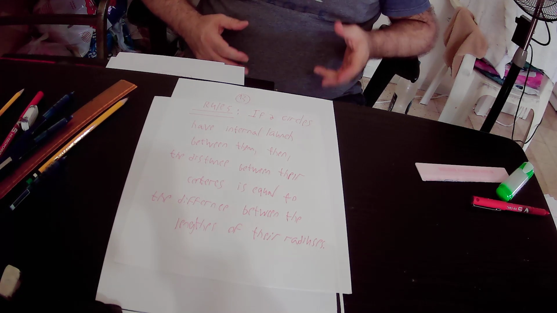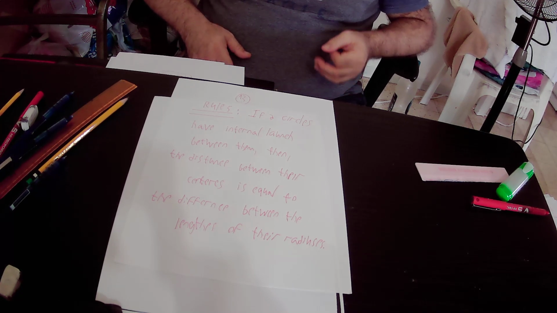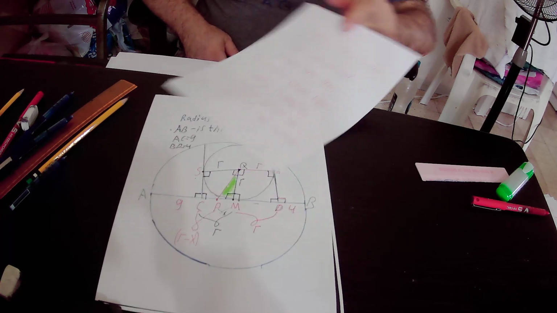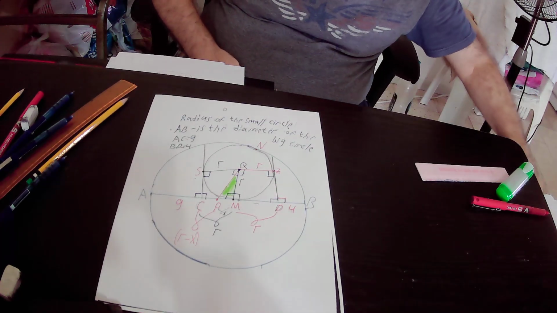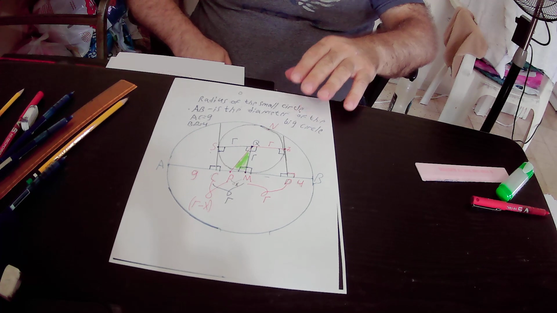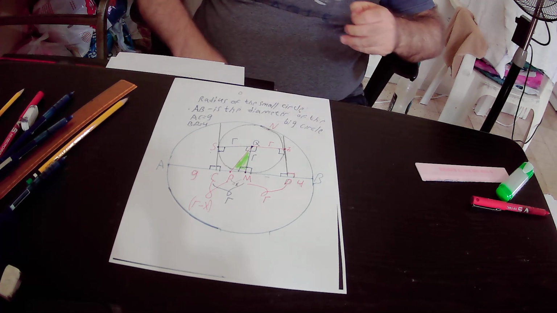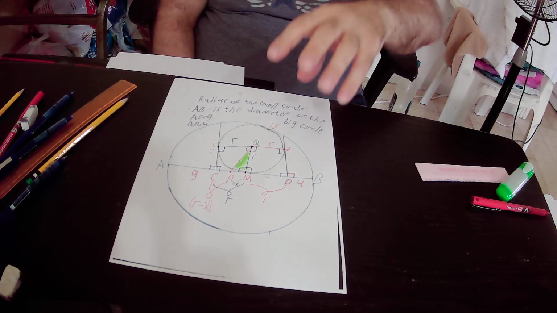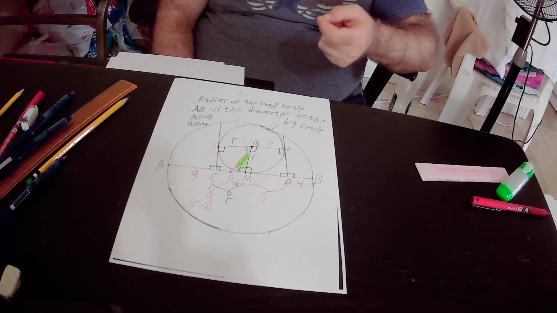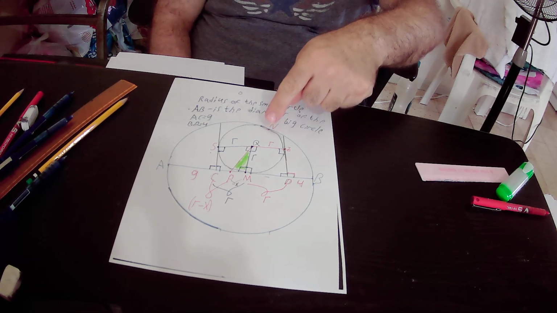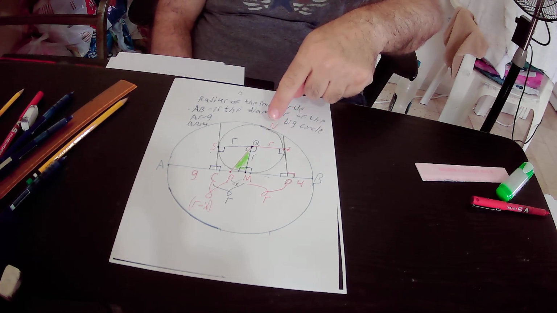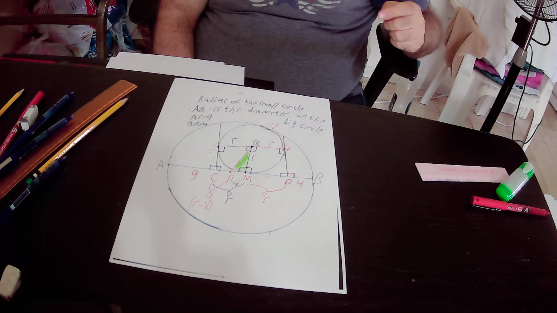That is the difference between the radiuses. We implemented rule number 5 on our two circles because we have here two circles that touch each other internally at point N.